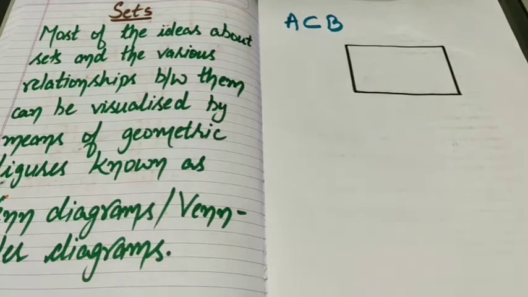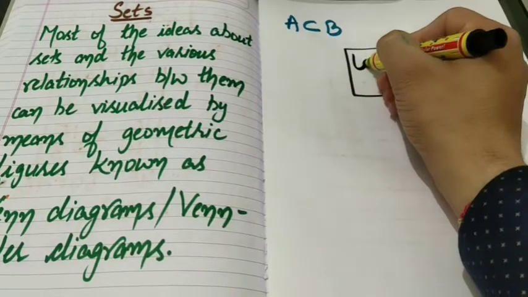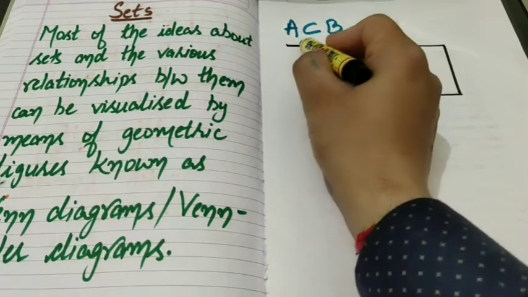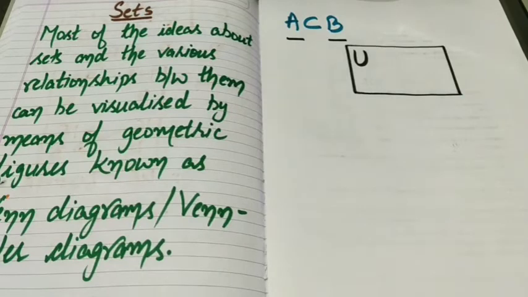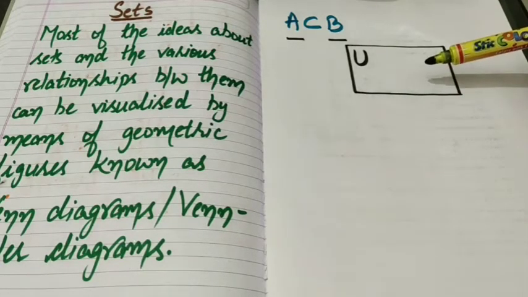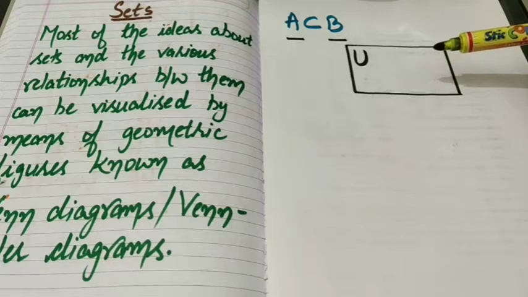This rectangle shows the universal set. Now the condition is that set A is a subset of set B, and we have to show both of these sets within the universal set with the help of some closed curves. And as we have discussed earlier, these closed curves may be ellipses or they may be circles.